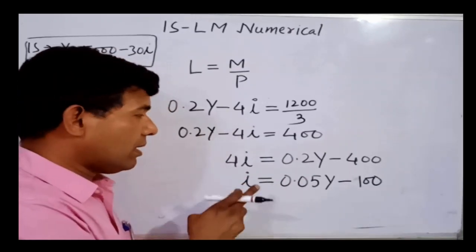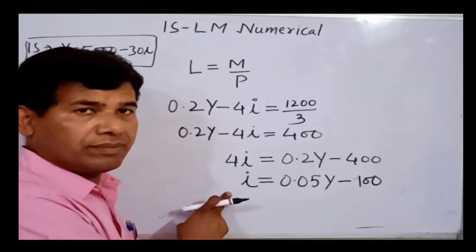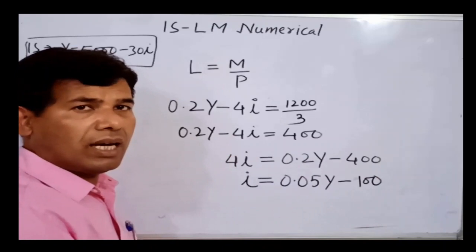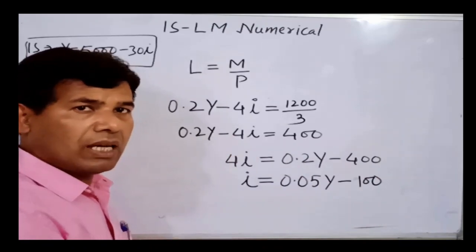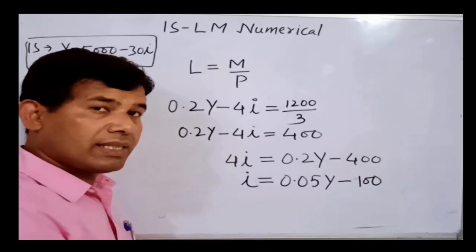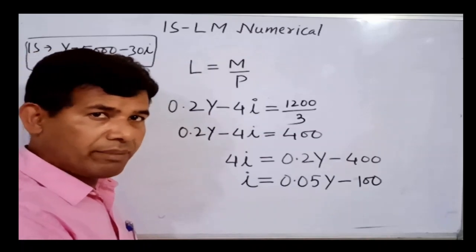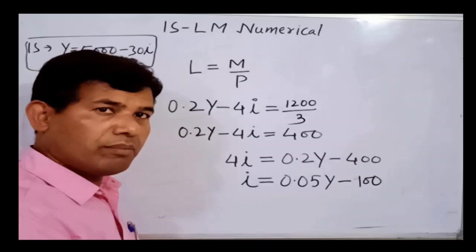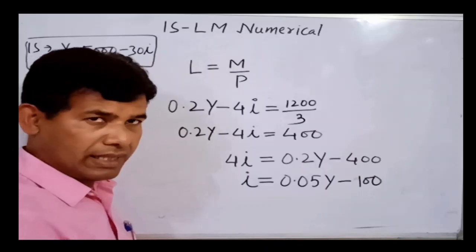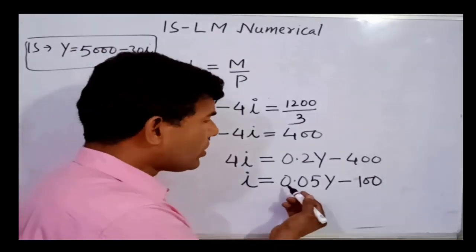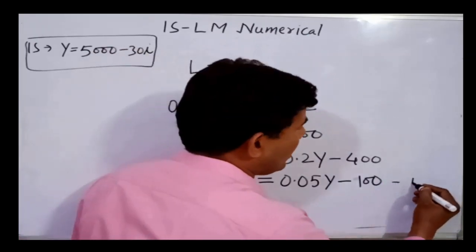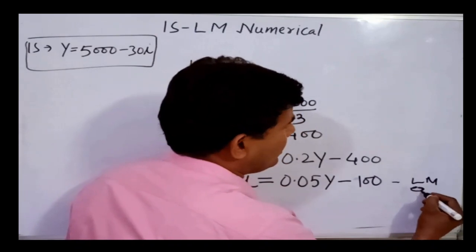I am relating this mathematics with the algebraic expression of the money market, as well as with the graphical aspect of the money market, or the IS-LM model. So I is equal to 0.05Y minus 100. This is what you call your LM equation, right?